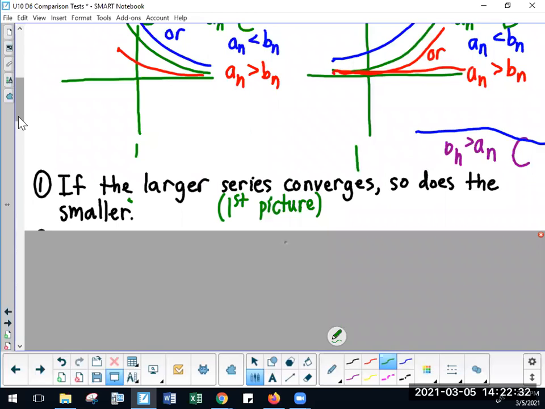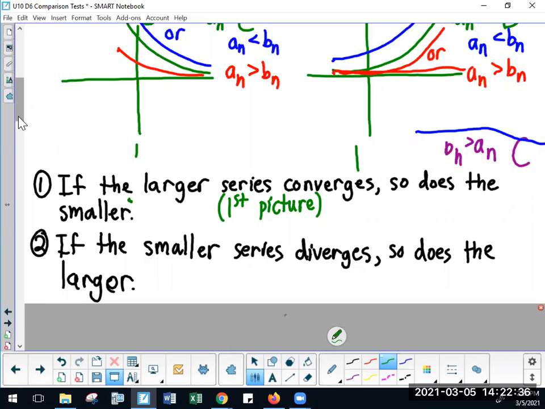If the reverse is true, anything's on the table. For the second picture, if the smaller series diverges, the larger series must diverge. That's what has to happen, because remember, these cannot cross each other.